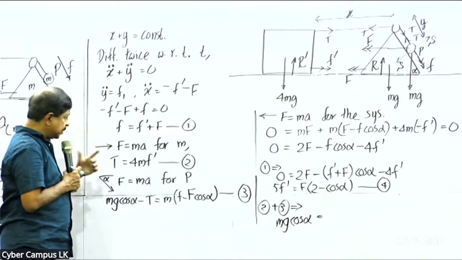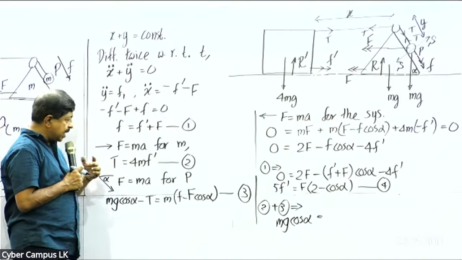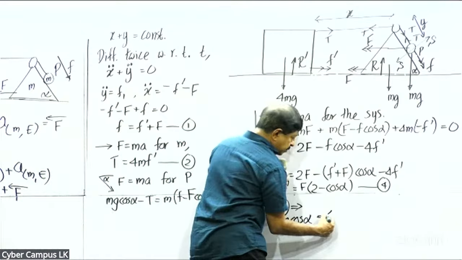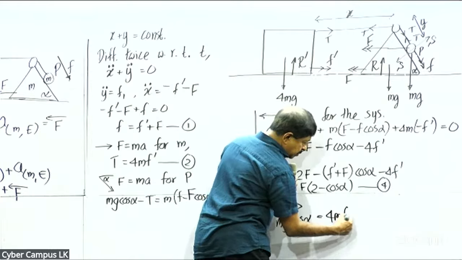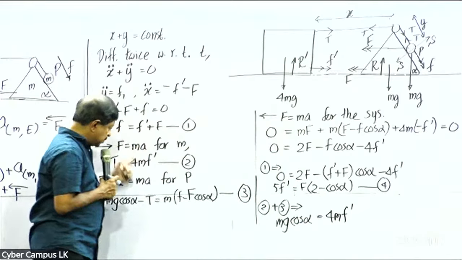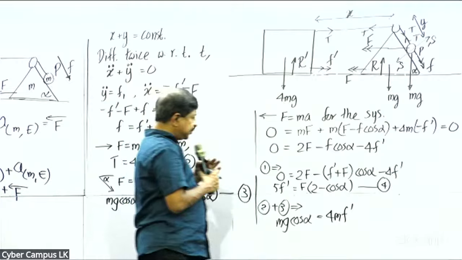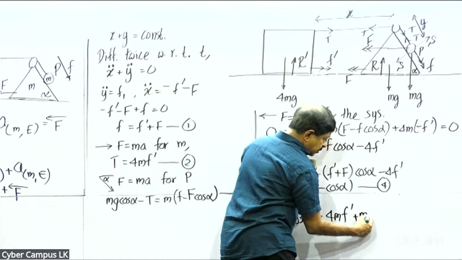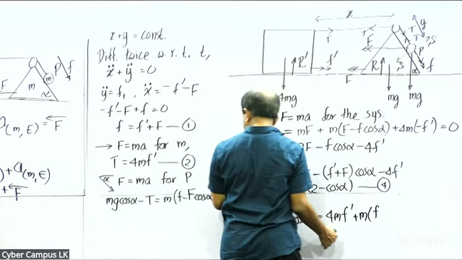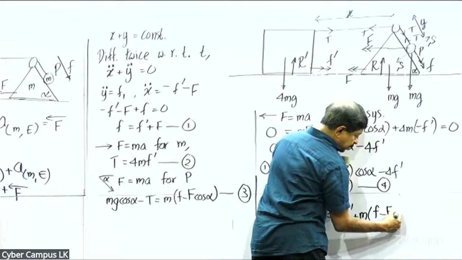On the right hand side, you have 4m F dash plus this m times simple F minus capital F cos alpha.